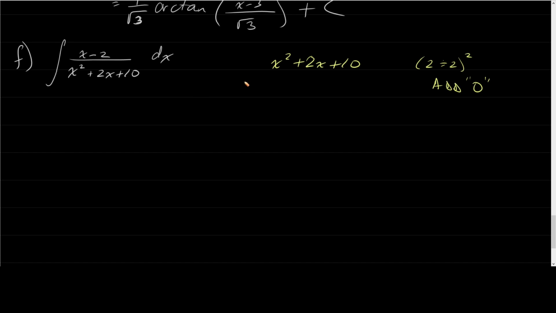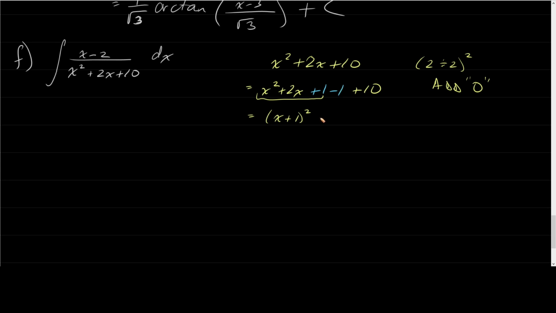All right, so this is going to be x squared plus 2x. 2 divided by 2 is 1. 1 squared is 1. So I'm using that to add 0. So plus 1 minus 1. And then we have a plus 10. So now the first three, if I group those together and factor it, it's x plus 1 squared.